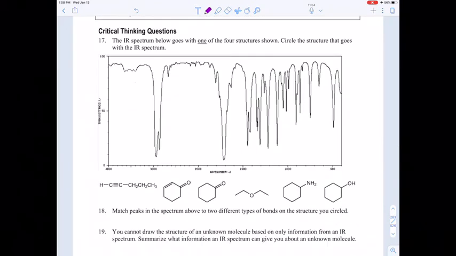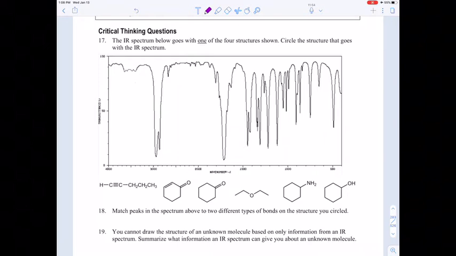The IR spectrum below goes with one of the four structures below. Circle the structure that goes with the IR spectrum. So we are going to start sorting through this. First off, I'm going to look and see if we have an alcohol. If we had an alcohol, there would be something that looks like that right there, that broad, strong peak.